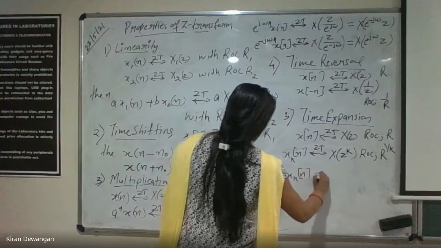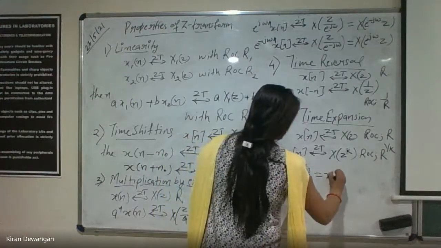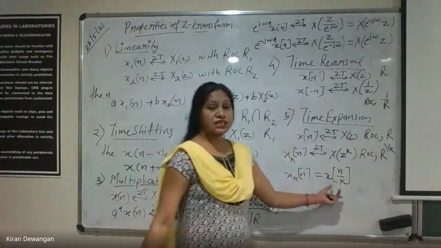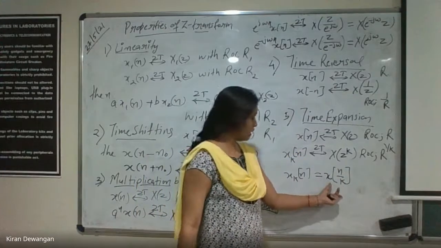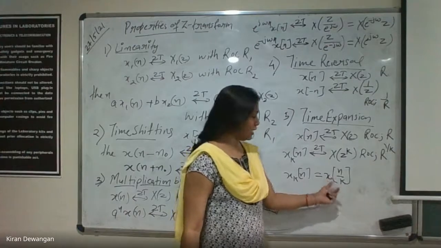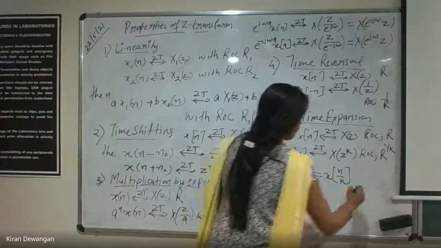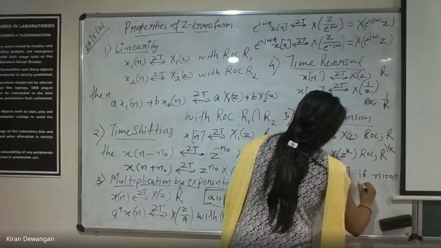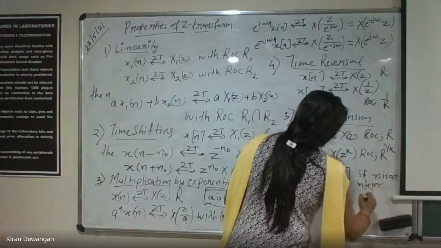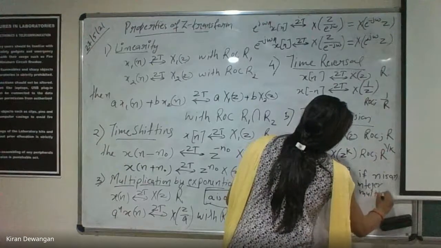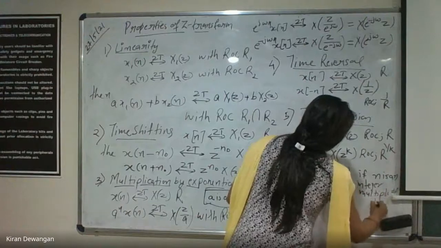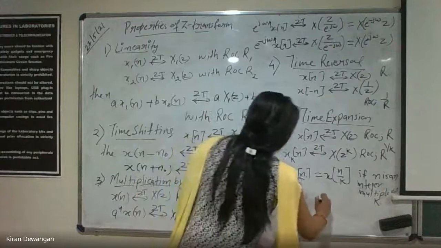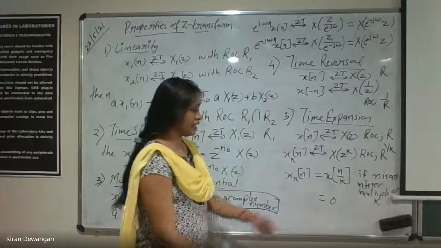Now what is this x_k of n? x_k of n means x of n by k. That is, it is a time scaling. What is happening here? It is x of n by k time scaling.